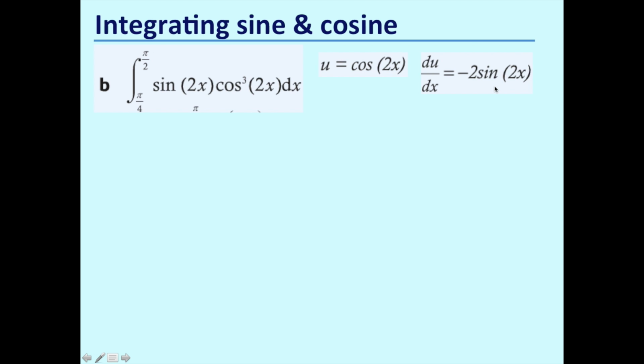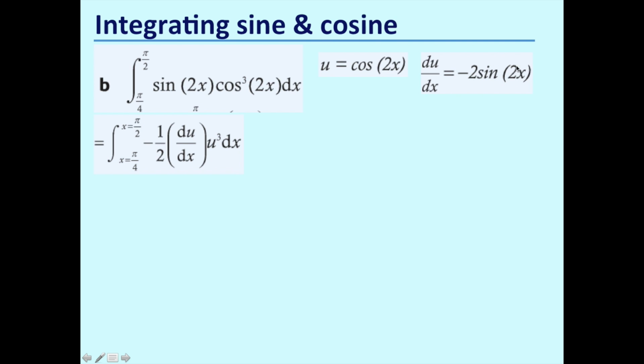And again, we can see that in here we've got sine 2x, so this is very similar to this. All I would need to do is realize that this is negative a half multiplied by du dx.